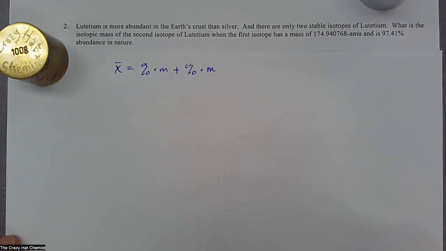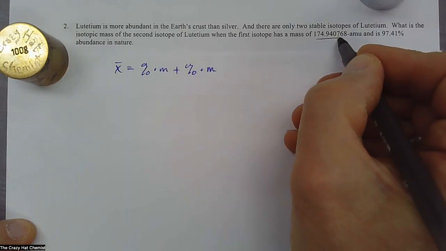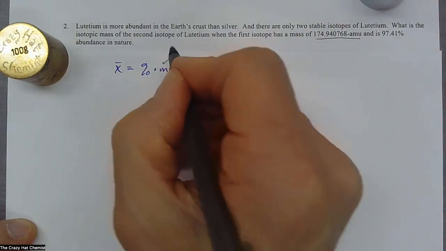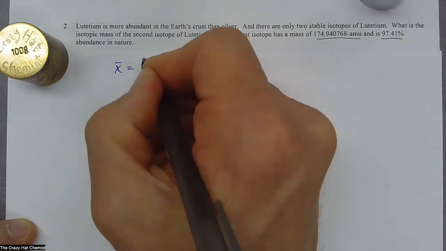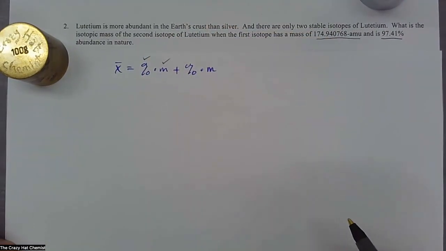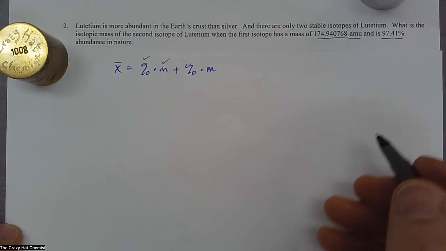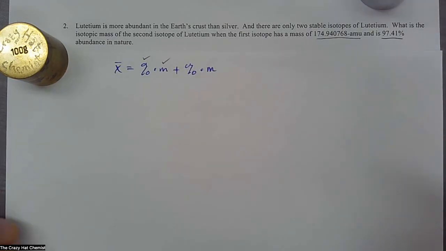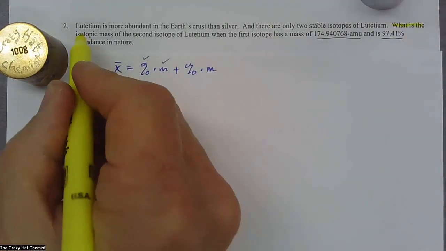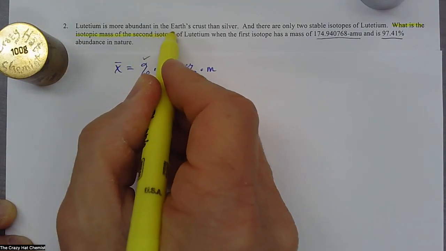Perfect. So now we are going to plug into here the information that we are given in this problem. We have the mass for the first isotope, check. We have the percentage of the first isotope, check. We are asked to find, let's see if we can highlight that, what is the isotopic mass of the second isotope?